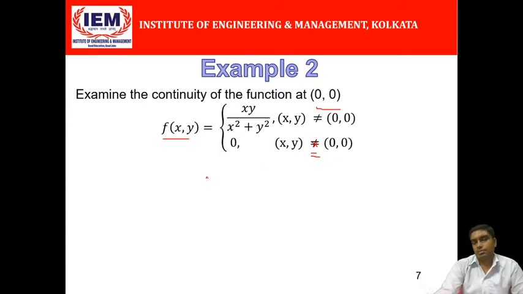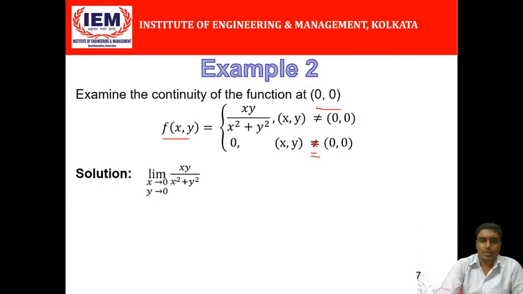So if I put the value (0, 0) in this function, xy by x squared plus y squared, then I can see that it will be 0 by 0, so it will be undefined. So I cannot directly put (0, 0). Is there any way to check whether the limit exists?